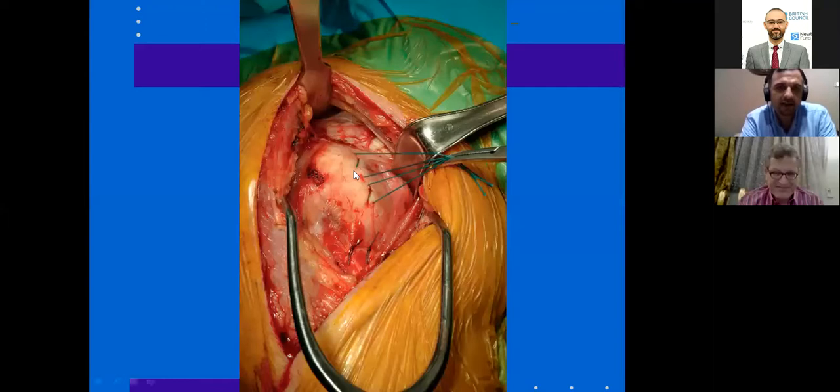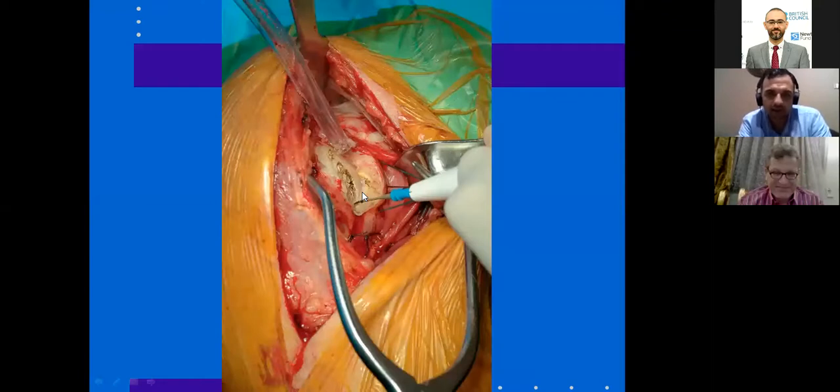Here, this is a stay suture in the subscapularis. And then we cut the subscapularis just medial to the lesser tuberosity, gently. And with cutting, you have to externally rotate.